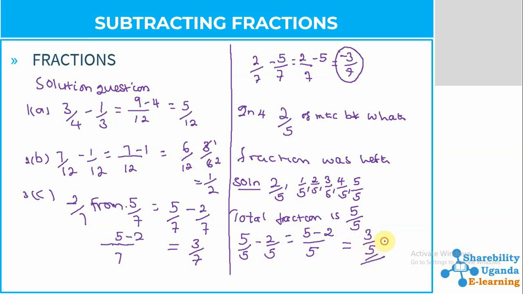This is going to be our answer, 3 out of 5, because this guy was able to read, if he started from 1 up to 2, what was remaining? It was remaining with 3 out of 5 for him to complete the total fraction of the book. Okay, so that's how we handle these numbers.